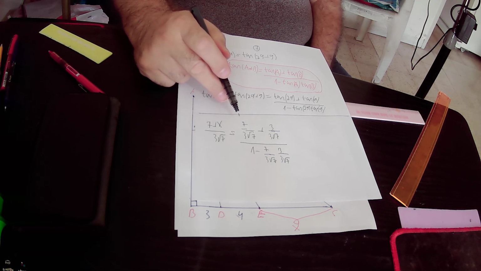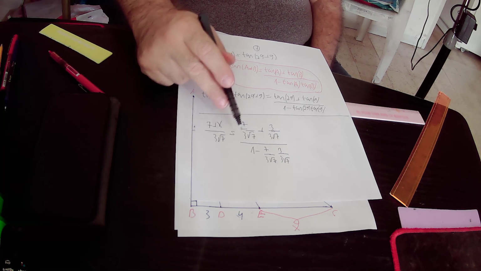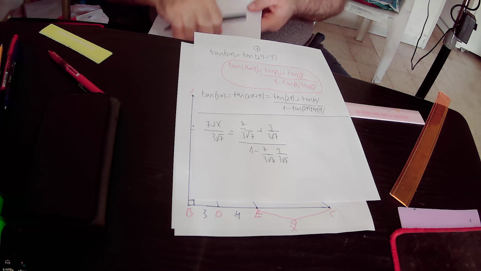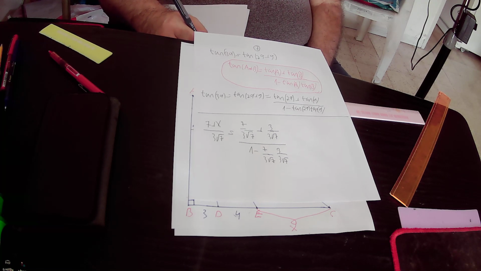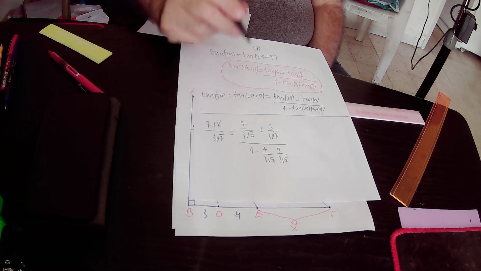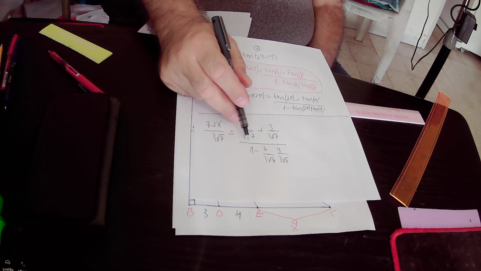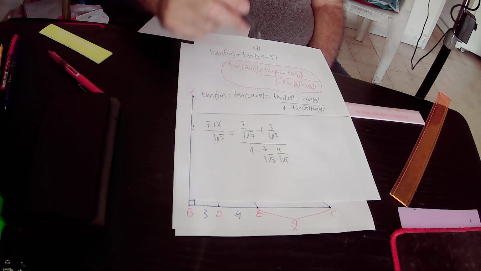Okay, so here we will substitute 1 by 3 times root 7 times 3 times root 7 over 3 times root 7 times 3 times root 7, in order to have a common factor with this expression.